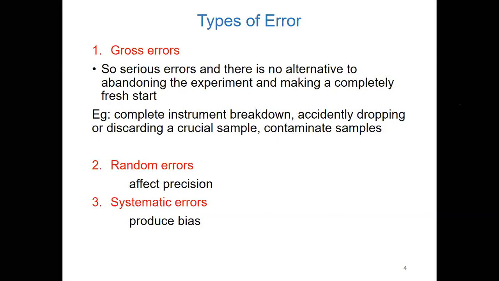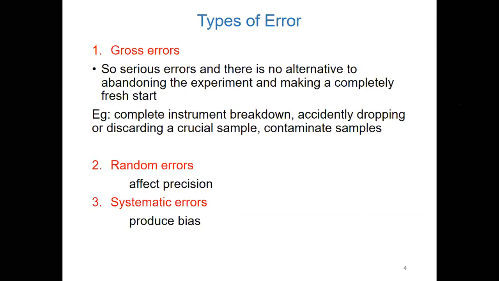And also if an analytical sample, if we accidentally drop it, or without knowing we discard that sample, or if somehow the sample gets contaminated, we cannot move forward. We cannot continue the experiment.